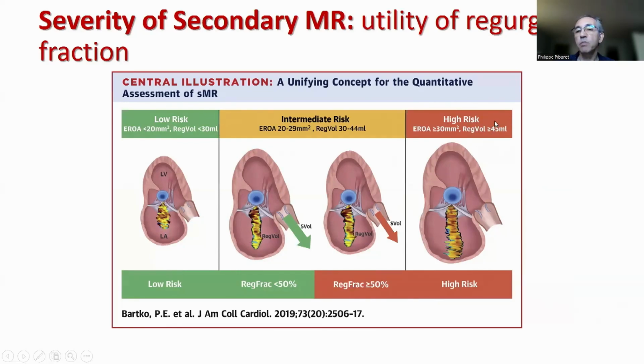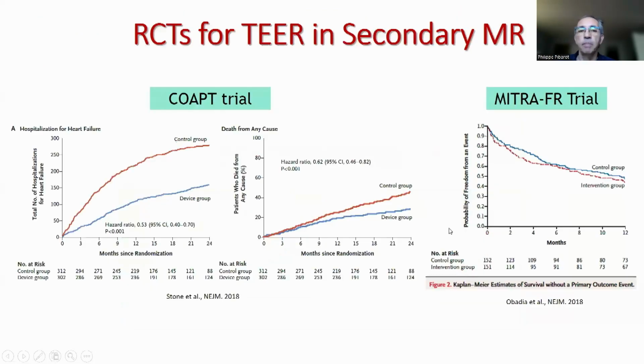So a regurgitation volume of 45 ml actually corresponds to a relatively large regurgitation fraction. And so these patients should be considered as having at risk severe or moderate to severe MR.